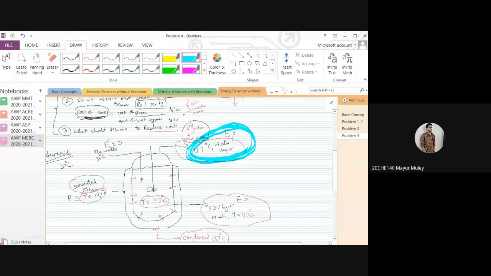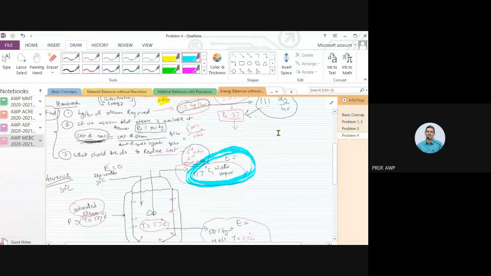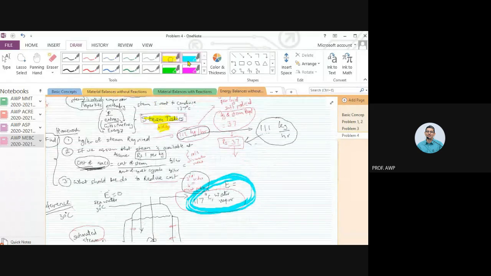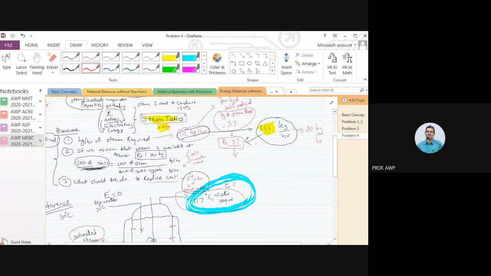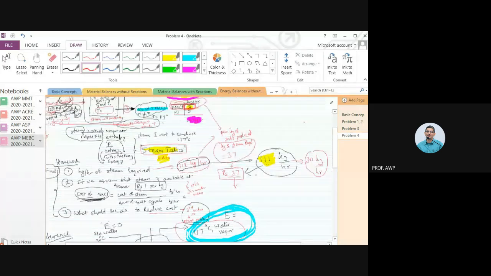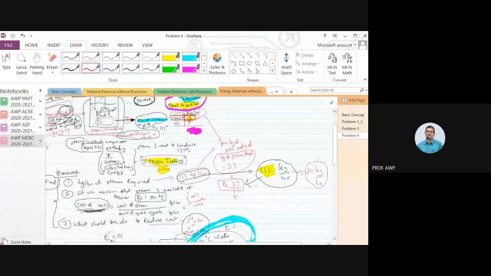So if I have to reduce this 111 to maybe something like 30 or 40, let's take a number that is divisible by 3. Suppose I reduce it to 30 kg per hour, then from 30 kg per hour I will get 3 kgs of salt. So the cost of steam would just be 10 rupees per kg of salt. Do you agree with that?